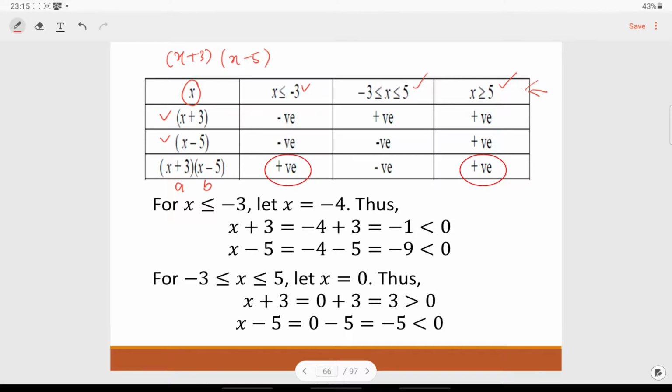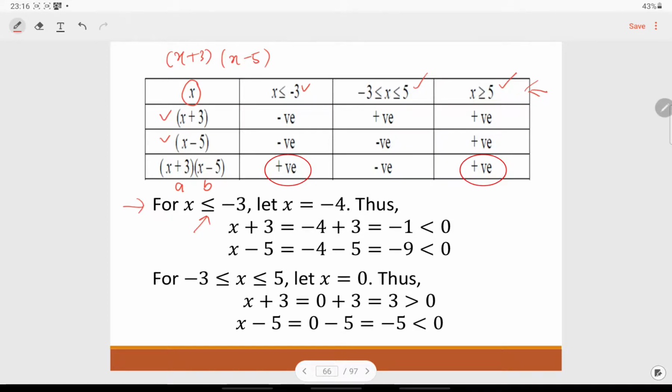Okay, so now we want to consider the values inside the table. First we consider the first case, when x is less than negative 3. So we take one value that can satisfy this inequality. For example, we take x equal to negative 4, because negative 4 is less than negative 3.